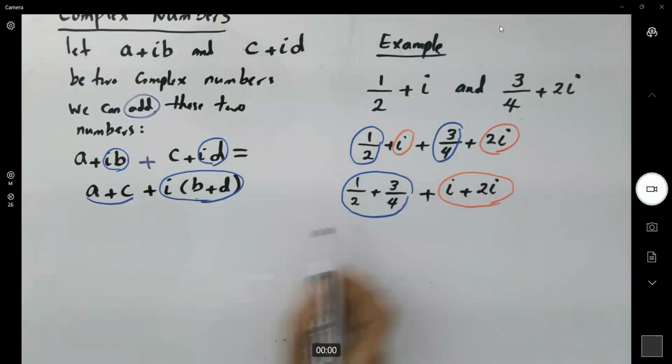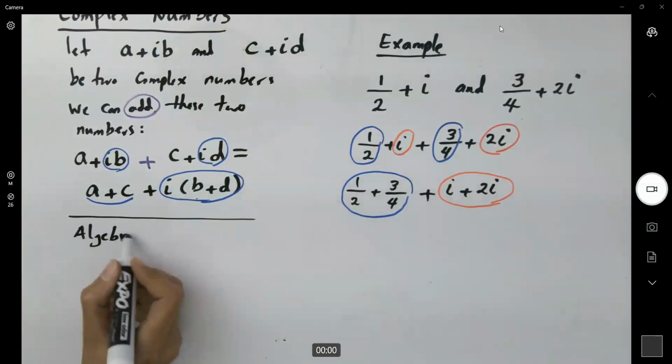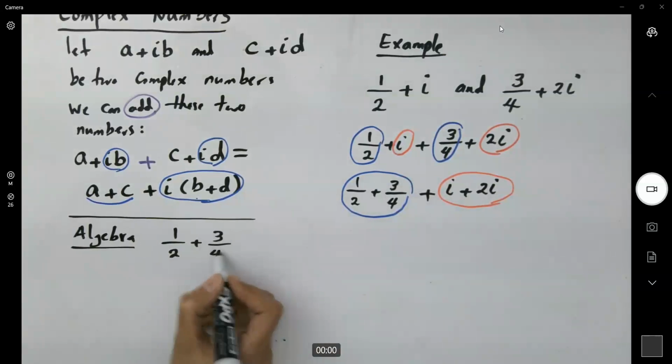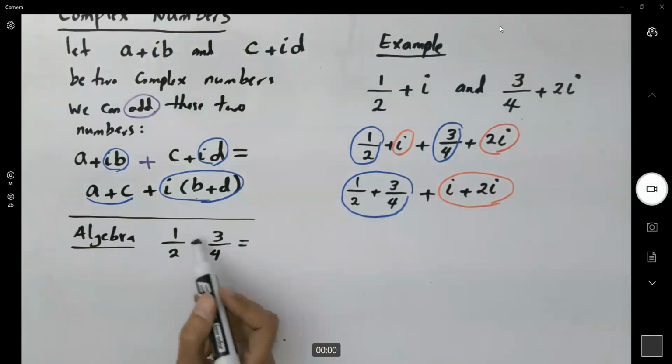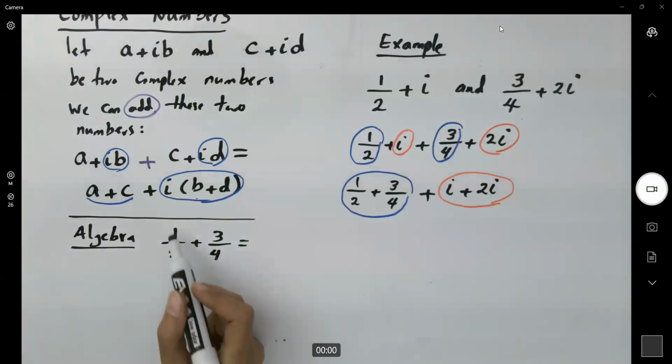Now for the fractions. Let us go back to algebra. From algebra, we know that a half plus 3/4 can be written as, guys, they do not have the same denominator. They must have the same denominator so we can add them together. Well, 4 is going to be the denominator that the first fraction needs to have, but it is a half.